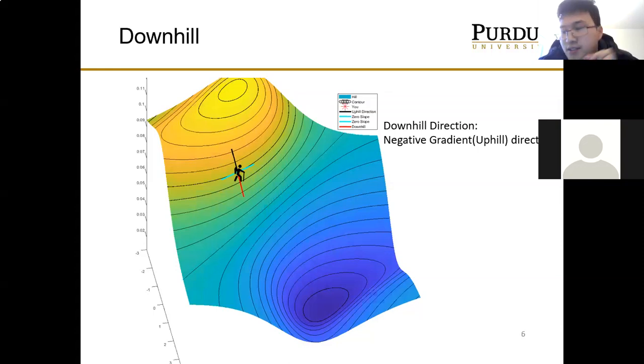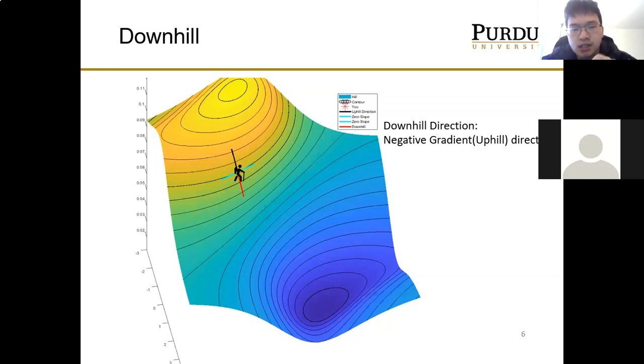Besides these two extreme situations, there are two more directions, in the color cyan. If you take a look, it's a very light color. Those two directions are called zero slope directions.